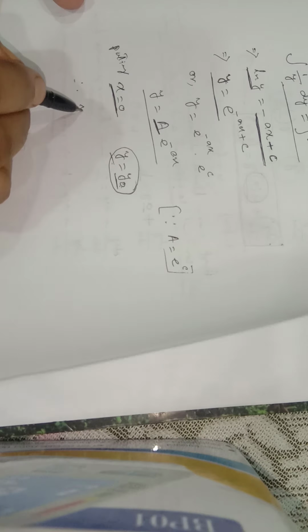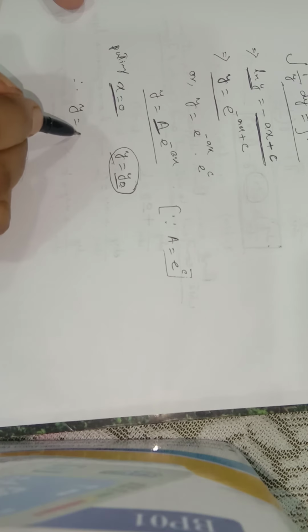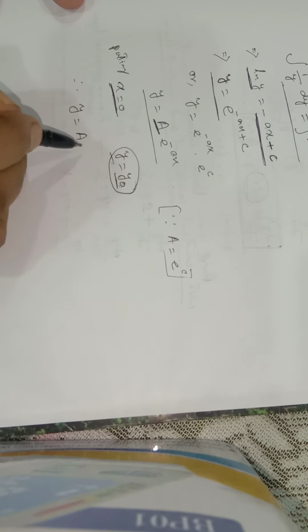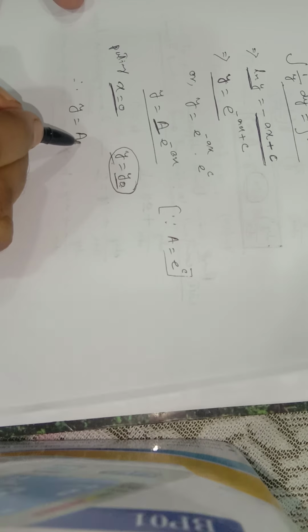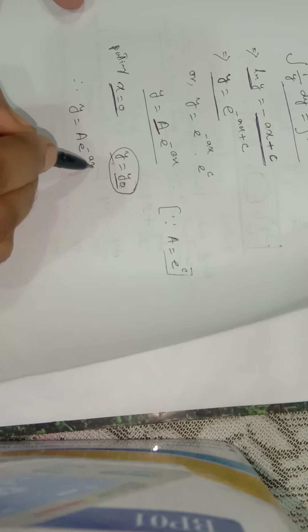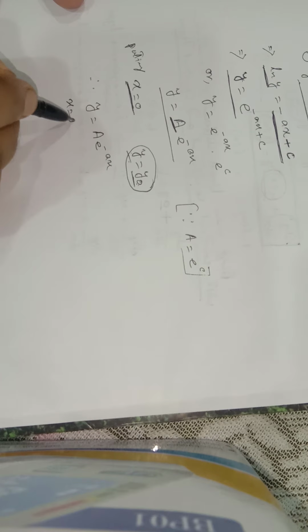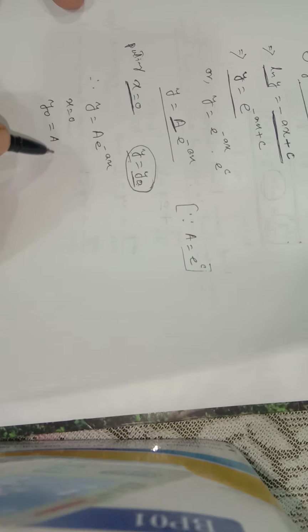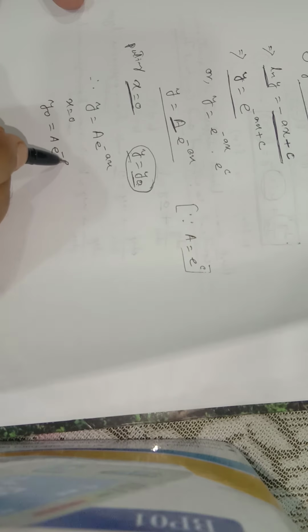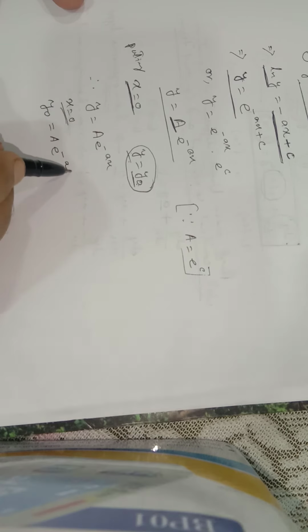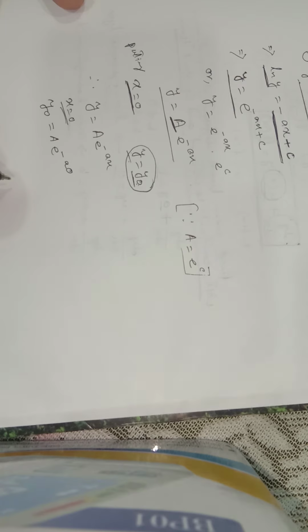Then again turning to our original equation, y is equal to a into e to the power minus ax. Now putting x is equal to 0, we get y is equal to y naught, a into e to the power minus a times 0.